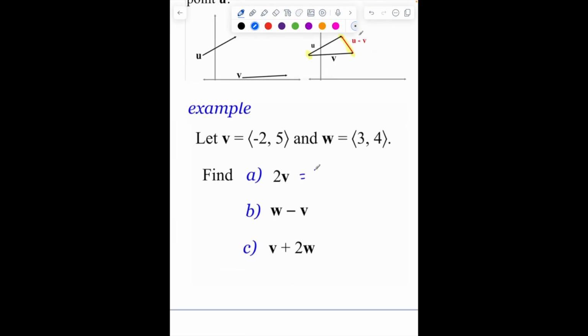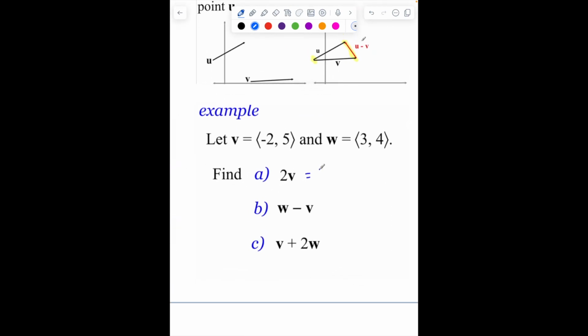So let's do a couple different examples. Last three examples here. I'm looking at taking v and multiplying it by a scalar of 2. So again, as I look through, that means I multiply in here. I'm going to get negative 4, 10. W minus v, I'm thinking, okay, I got to make sure that my order is important.